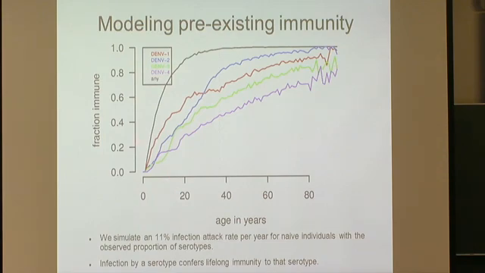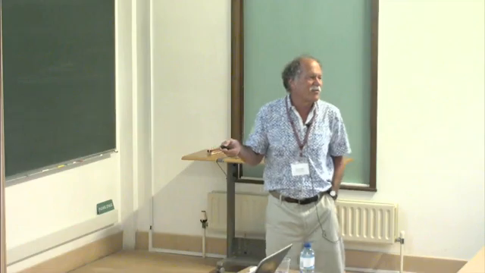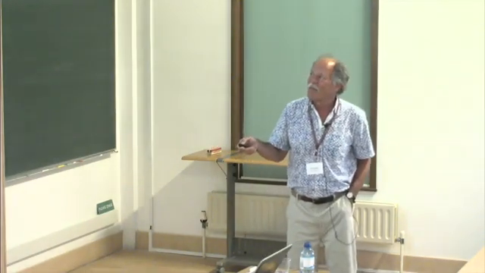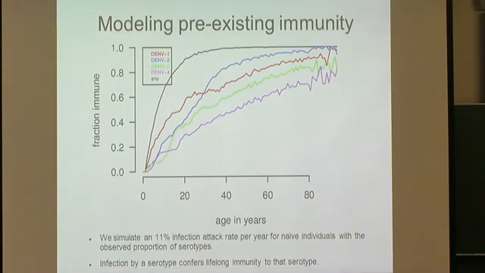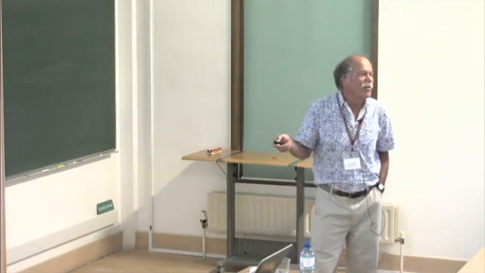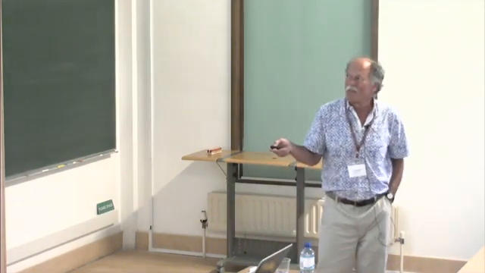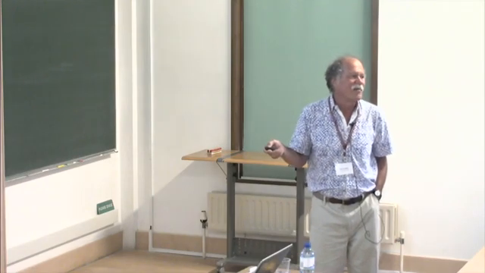The force of infection is much higher down here than it is out here, and so the very young children who are getting most of the cases have a lot of susceptibility, and maybe only about 20% of them are immune to at least one serotype, I mean, any serotype.